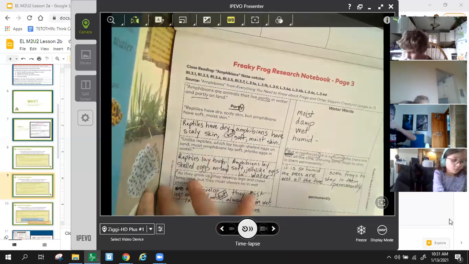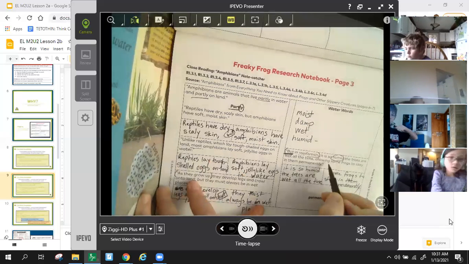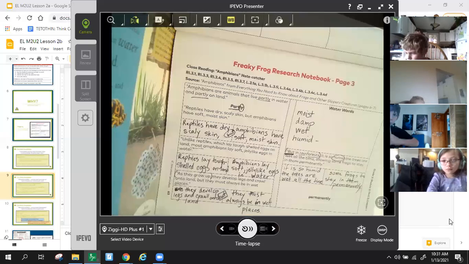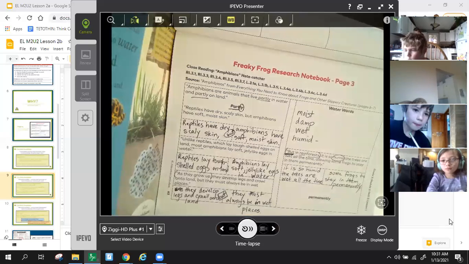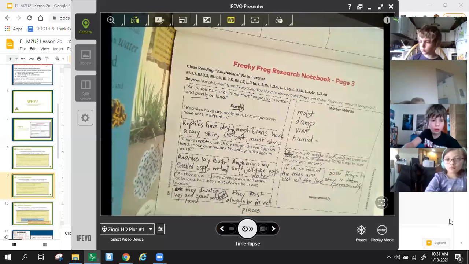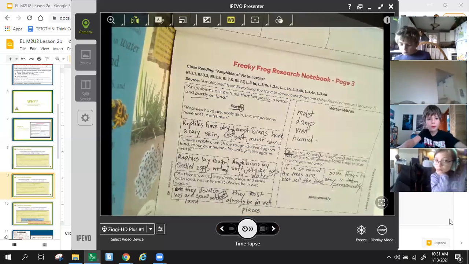All right. Let's look at allowing. What word do we see in allowing? August, what word do you see in allowing? What's our root word in allowing? Allow, right? What does that mean to you, August?